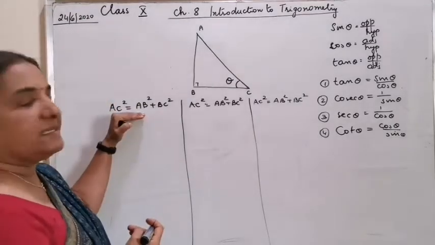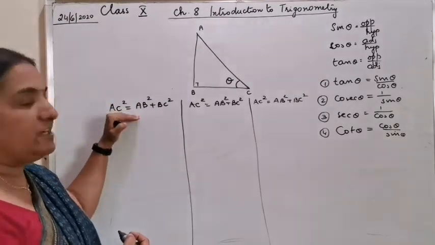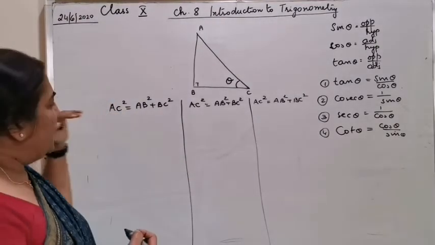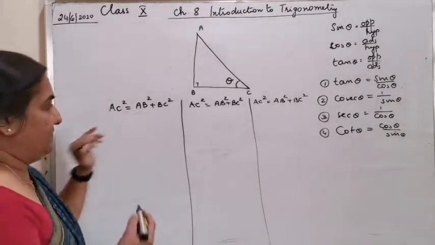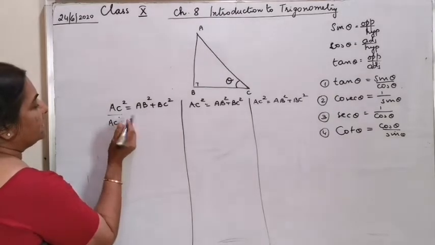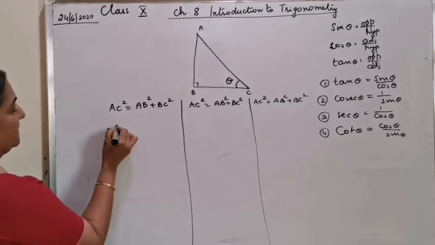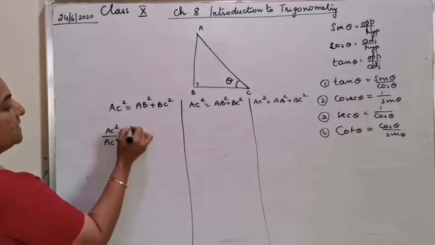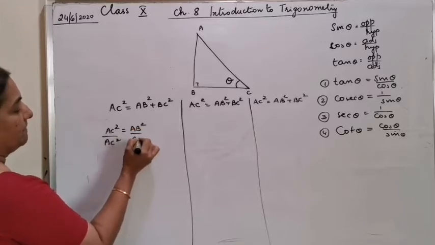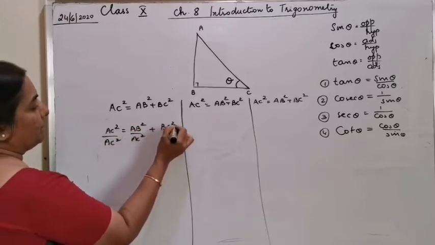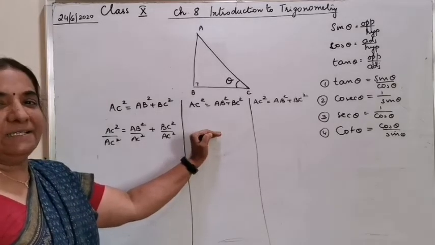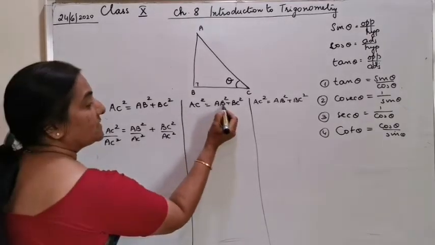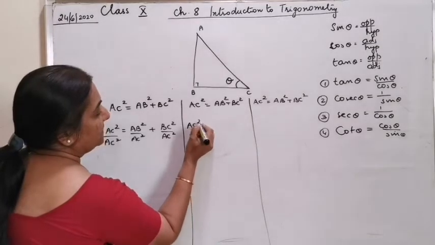In the first expression, divide throughout by AC square. That means all the terms you divide with AC square. For the second identity, divide all the terms with AB square.